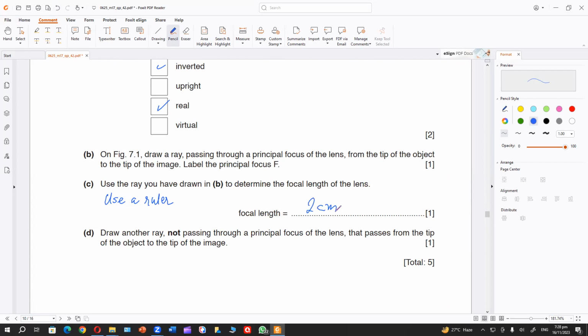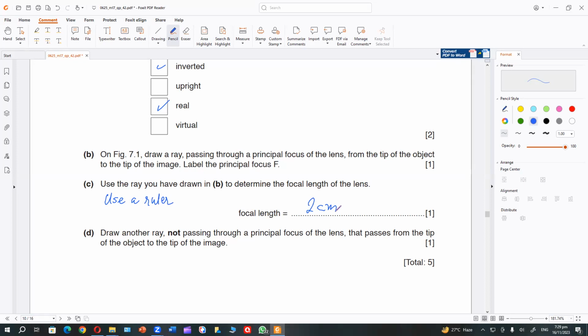Draw another ray not passing through a principal focus of the lens that passes from the tip of the object to the tip of the image.